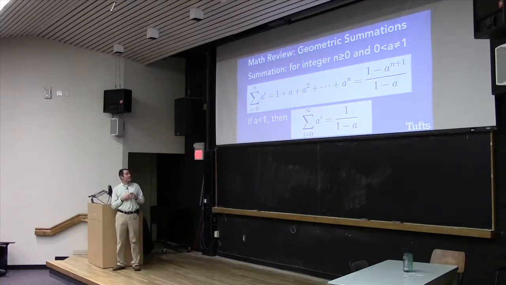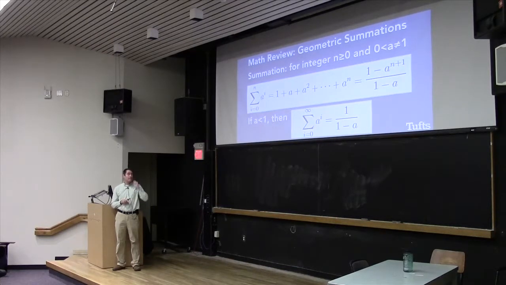Then you do this summation of a to the i, just taking the summation of the exponents of a, right? a to the 0 is 1, a to the 1, a to the 2, a to the 3, all the way up to a to the n. If you do all this out, and it stops at n, this is what it ends up at: (1 minus a to the n plus 1) over (1 minus a). Kind of a nice little closed form of this whole summation here.